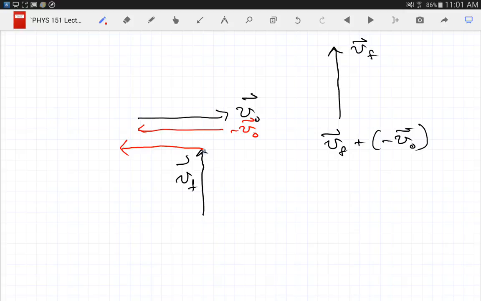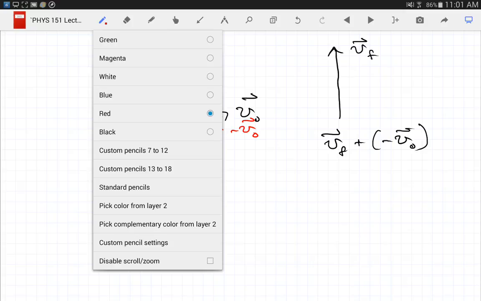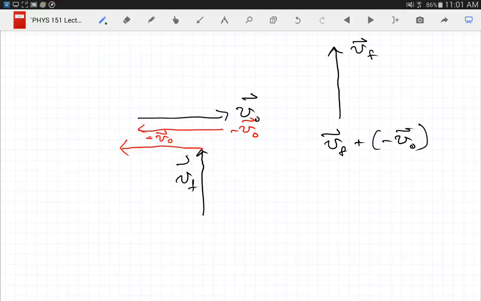I draw my first vector, and at the head of the first vector, I put the tail of the second vector. And so this here is minus V0. And then how do I get the resultant? Straight line starting where I started, ending where I ended. And so there is my delta V vector.